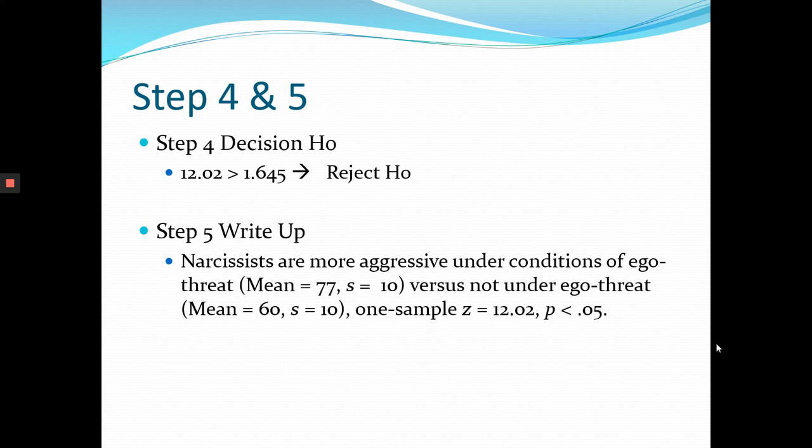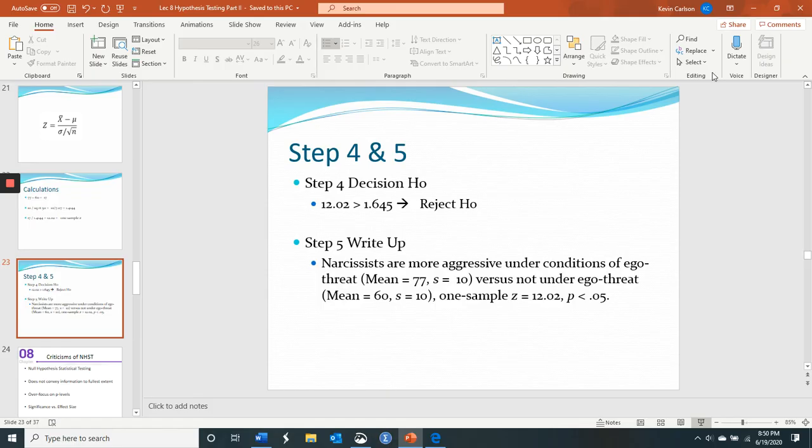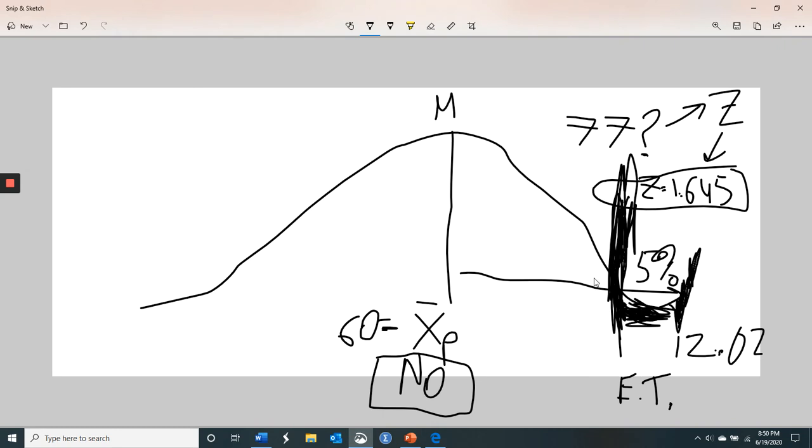And so with the write-up, again, this is going to be maybe the toughest part to learn. But start simply. Start with saying in words what you found. Well, you know, I'm going to look at this diagram again. We found that our ego-threatened narcissists were way more aggressive than the narcissists in our study that weren't threatened in terms of ego.